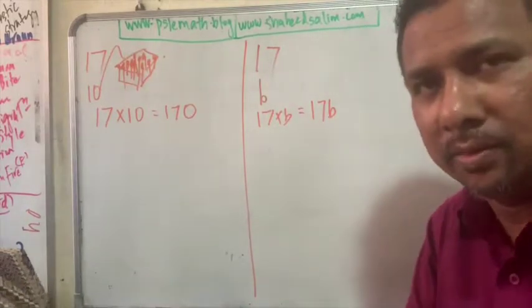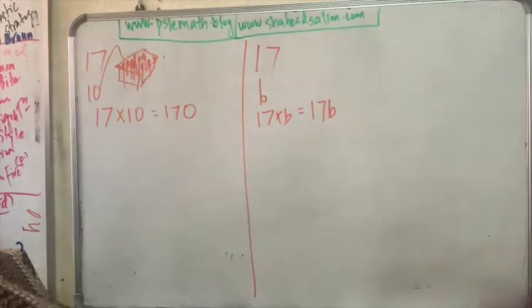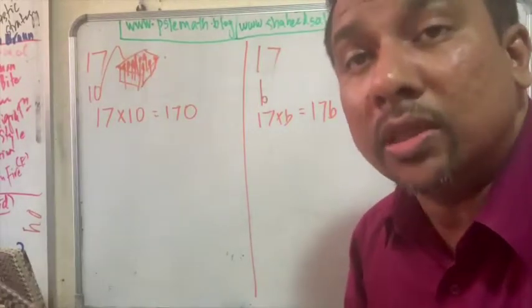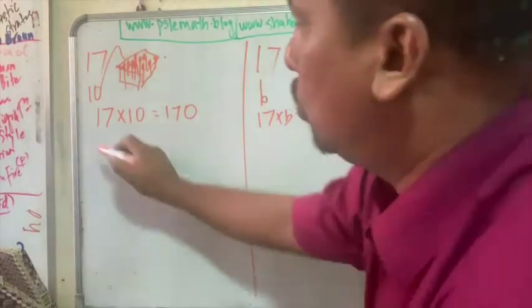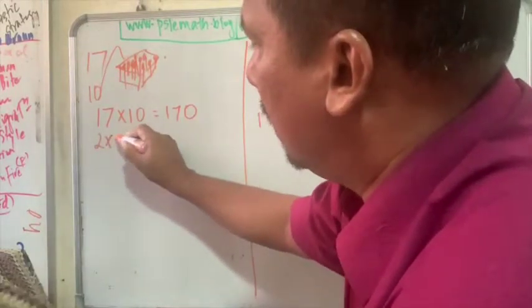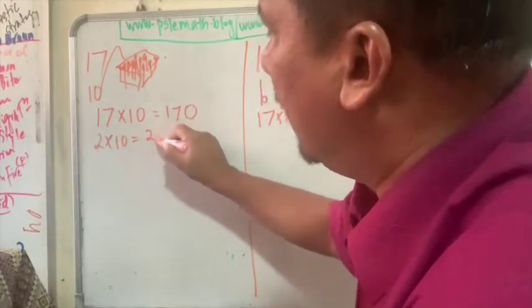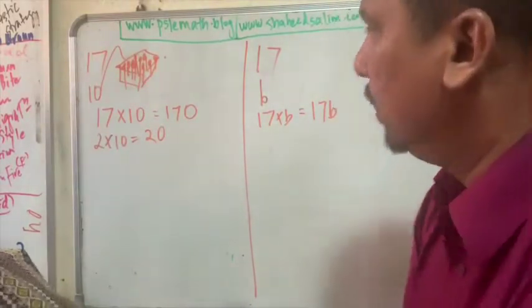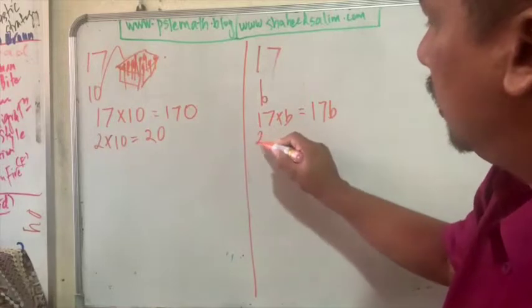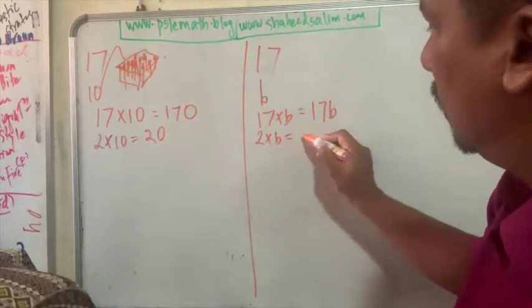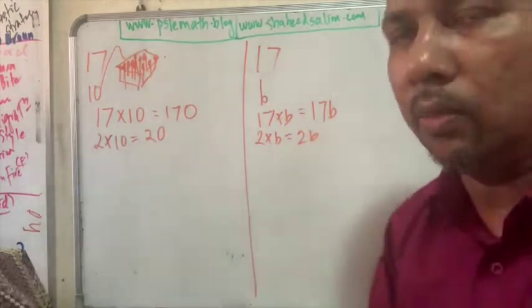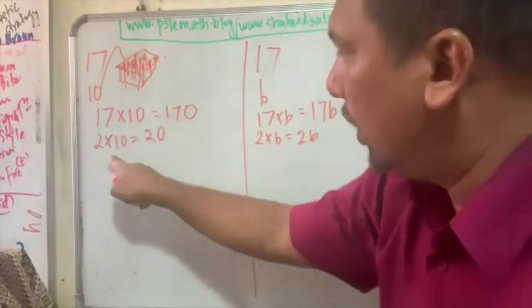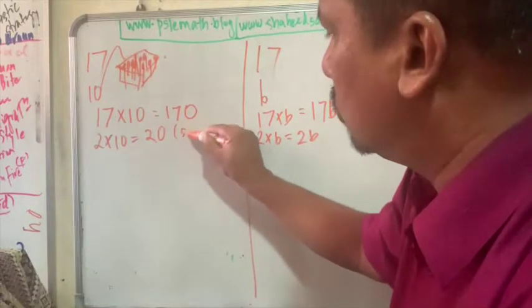17B candles. And then they tell us that two boxes of candles were given away. So two boxes were 2 times 10, so 20 candles were given away. Down here, with 2 times B, 2B candles were sold.